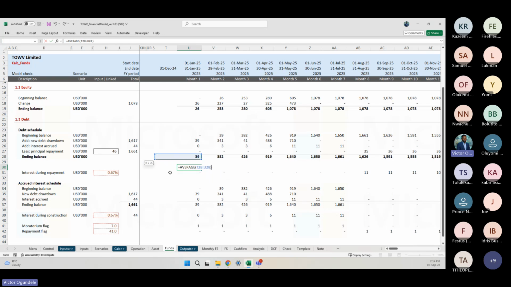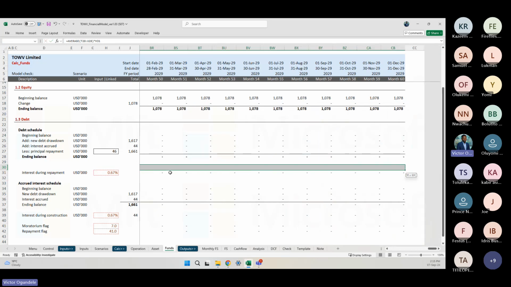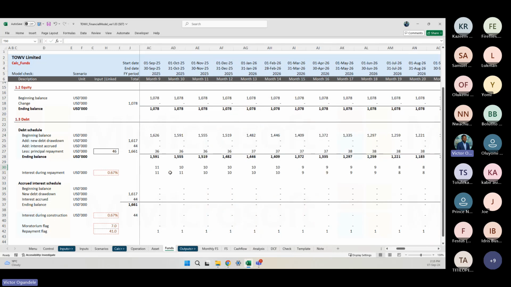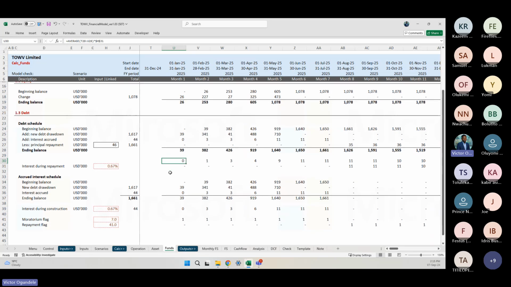So we are saying we are taking the loan at the beginning of the month, and our repayment is also starting at the beginning of that month. Most times we usually use the average multiplied by the interest rate. That's the reason why I said let's build that out separately, to avoid something like that.